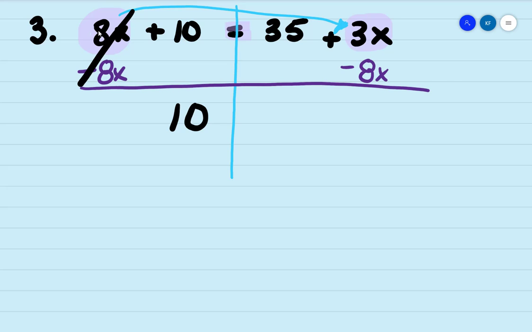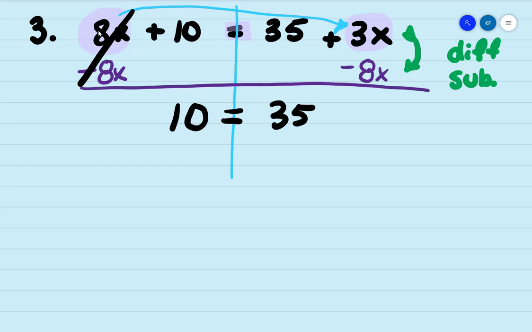So 10 is equal to 35. Oops, gotta make sure signs the same or different. They're different. So you're gonna subtract. So 8 minus 3 is 5. And then it's negative because 8's bigger.